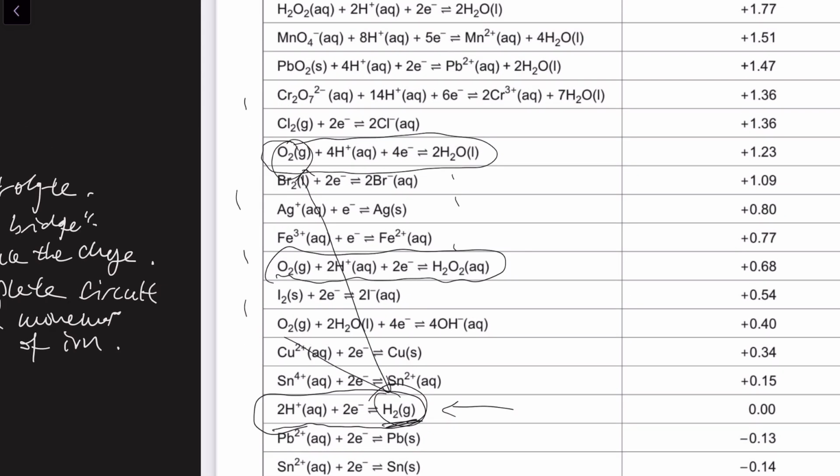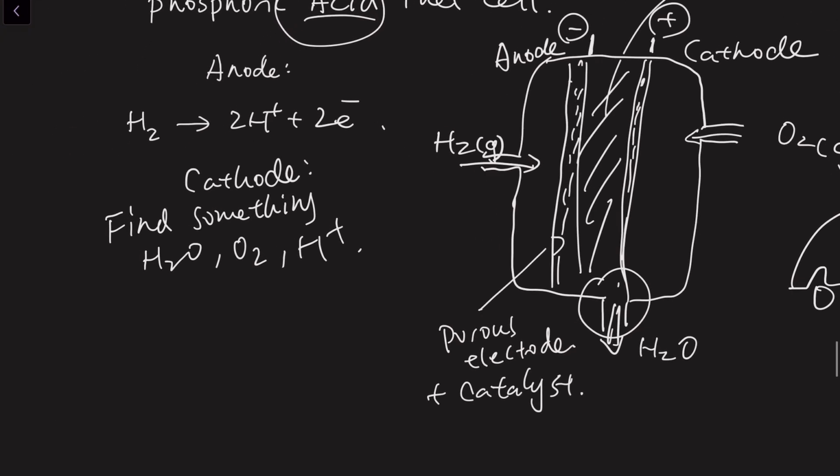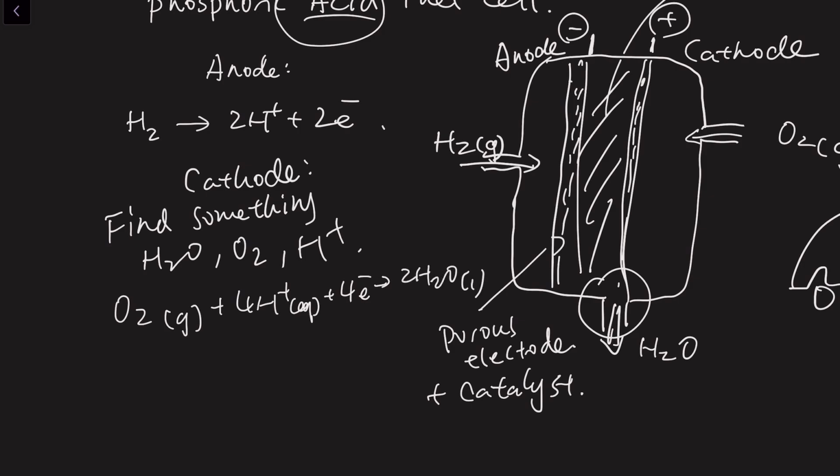And this is not an ideal candidate because we know that H2O2 is not a product of your reaction. So it's this equation. Let's write it down: oxygen. So this is the cathode reaction.